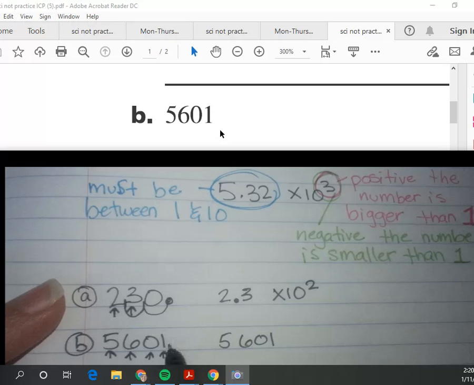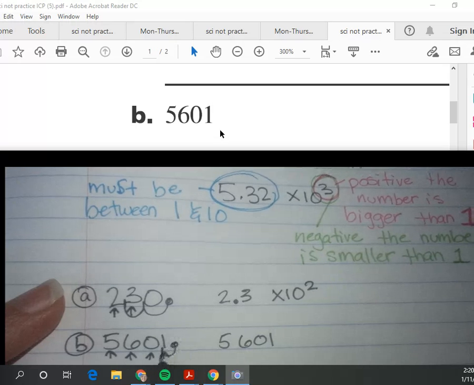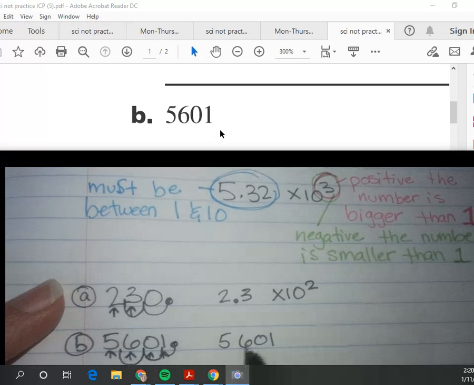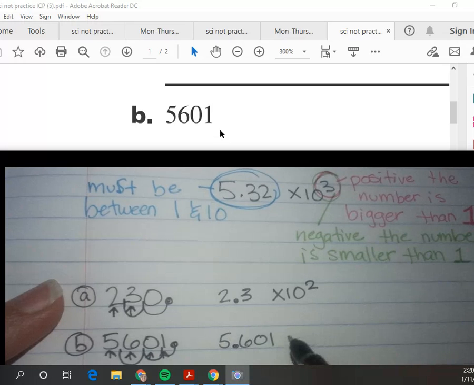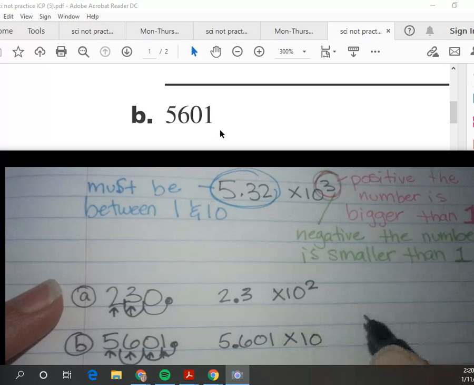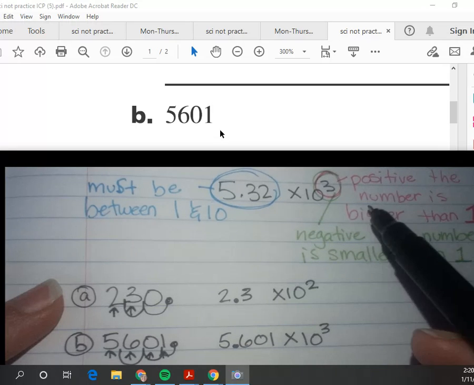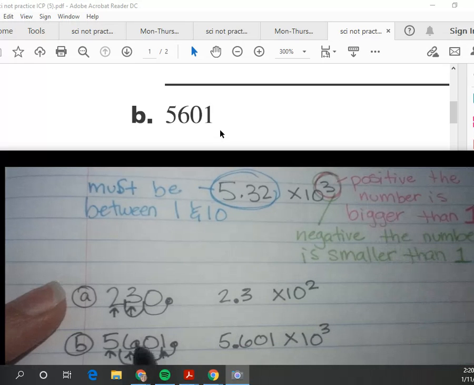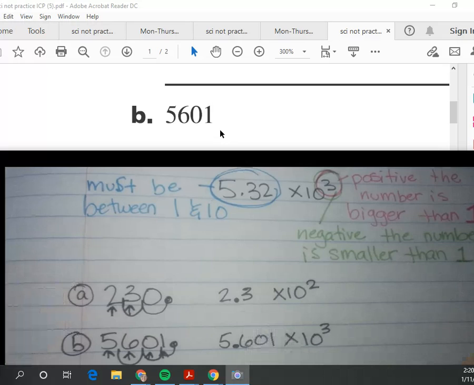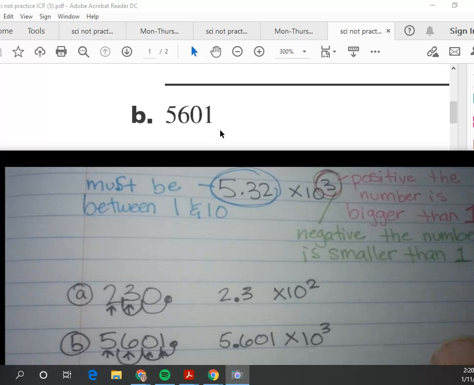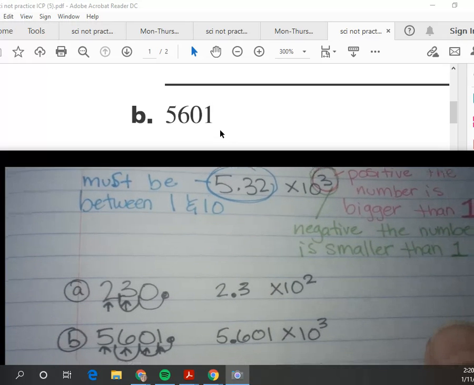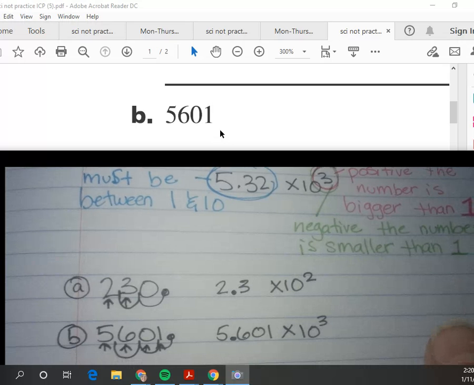So we're going to have to move our decimal point 1, 2, 3. So between the 5 and the 6. Is my exponent positive or negative here? Well, is this number that we started with bigger than 1? Yeah, so it's going to be positive. Okay. Give me a thumbs up if that makes sense. Okay. All right.